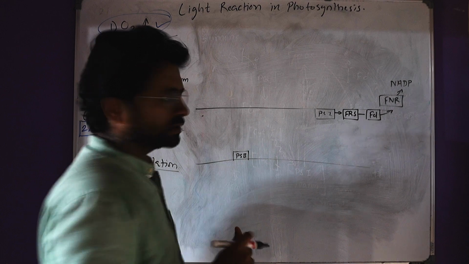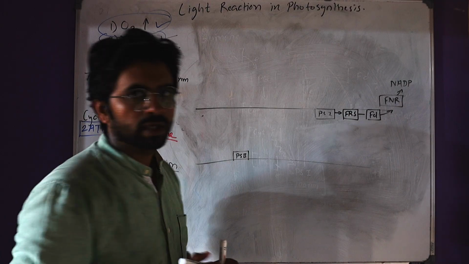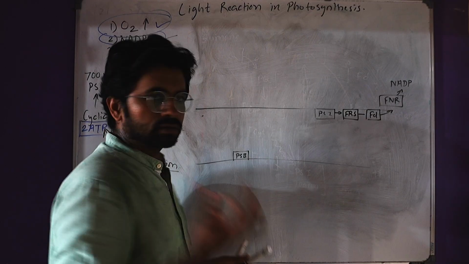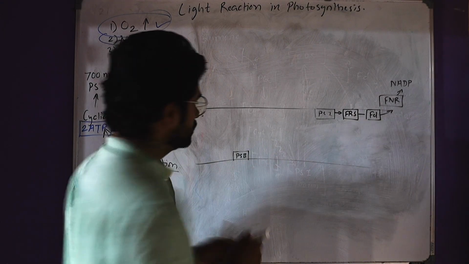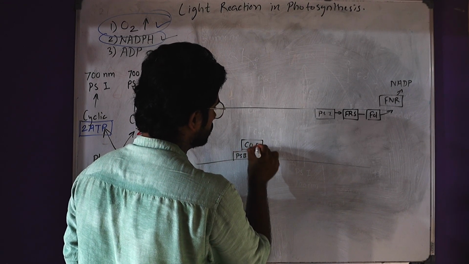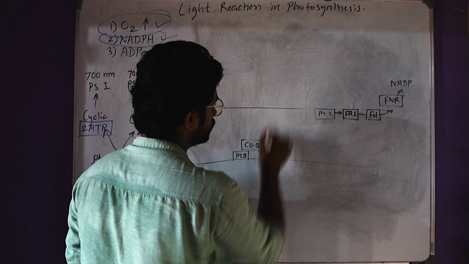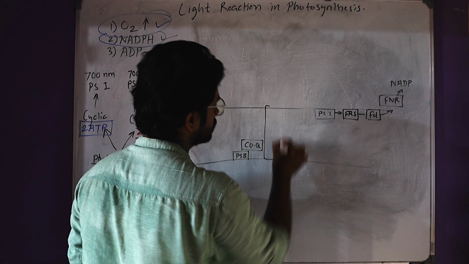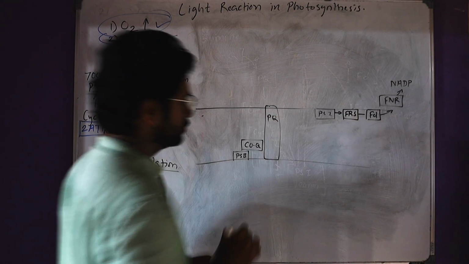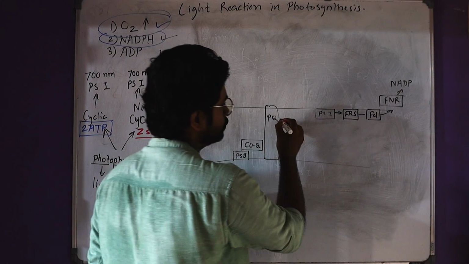From photosystem 2, electron is ejected and it will go to its electron acceptor, that is coenzyme Q. Then it will be transferred to plastoquinone. This is plastoquinone. From coenzyme Q to plastoquinone, from plastoquinone to B6F.